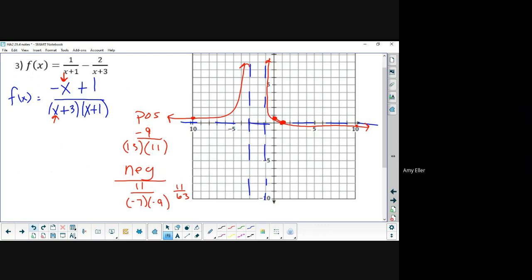Your outer curves will always be like this or like this, something pretty basic. Your inner section, if there are 3, this middle section can look like what? It can look like a U or an upside down U or like an x cubed graph. Those are your options. So let's look at our arrows. This arrow is going up.